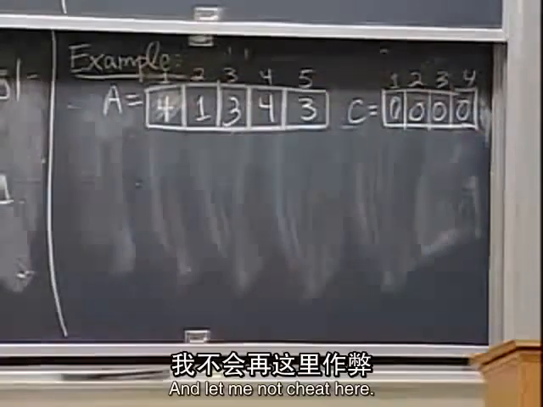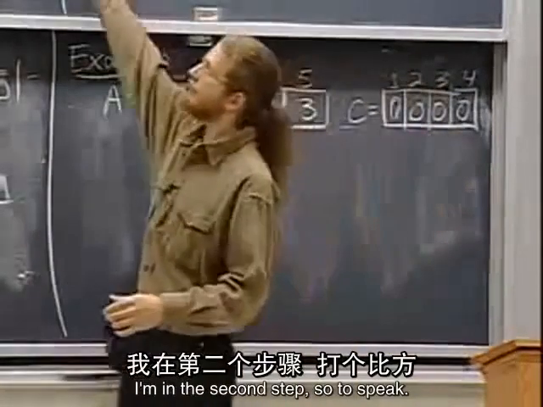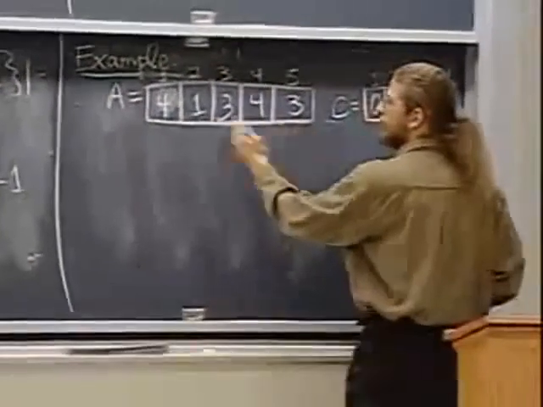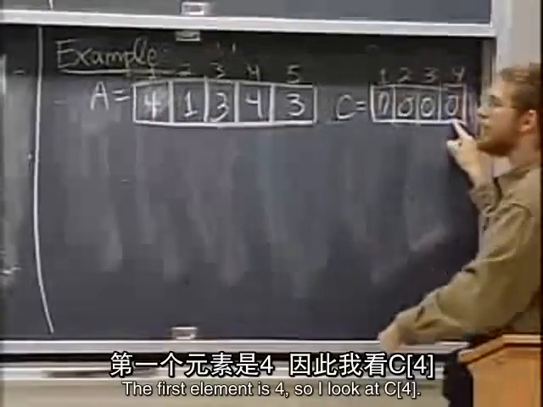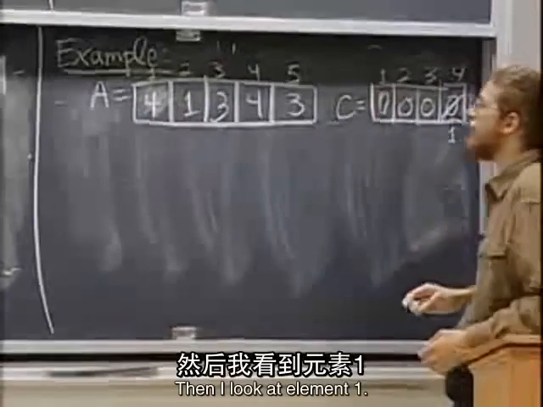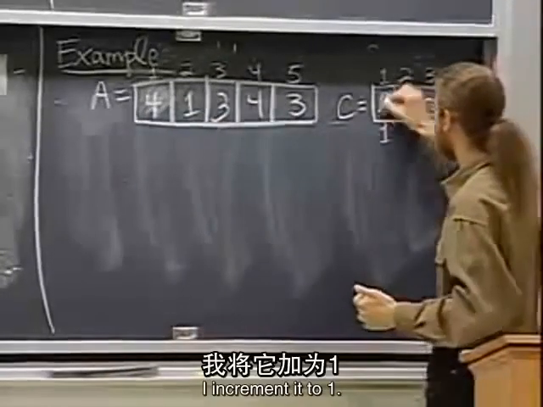Let me not cheat here. So I'm in the second step, so to speak. And I look at each element in order, and I look at the C[i] value. So the first element is 4. So I look at C[4], that's 0. I increment it to 1. Then I look at element 1, that's 0, so I increment it to 1.